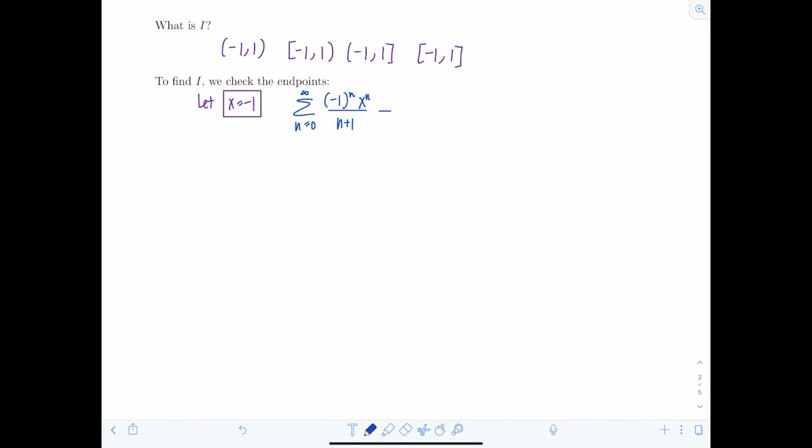So if I substitute in -1 for x, now I'm going to have the sum n equals 0 to infinity of (-1)^n times (-1)^n over n plus 1. And then that means in the numerator, I'm going to have (-1)^n times (-1)^n. So that's (-1)^(2n), n plus n. So that's always going to be even. So now I'm going to have the sum n equals 0 to infinity. I can just write this as 1 over n plus 1.